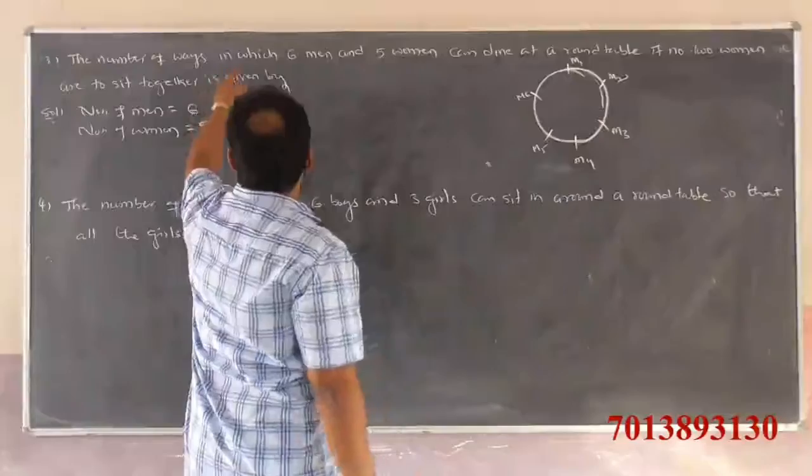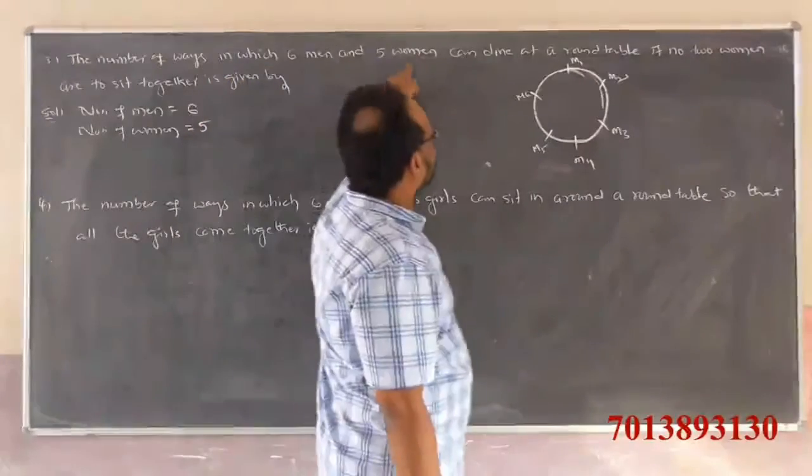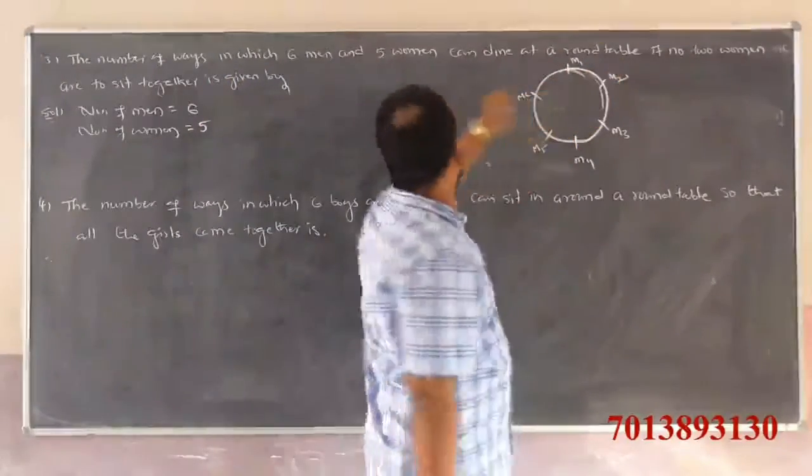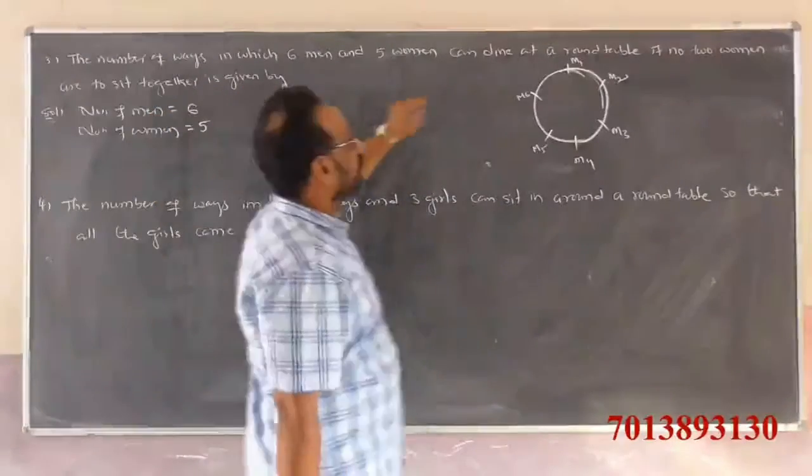The number of ways in which 6 men and 5 women can dine at a round table if no 2 women sit together.